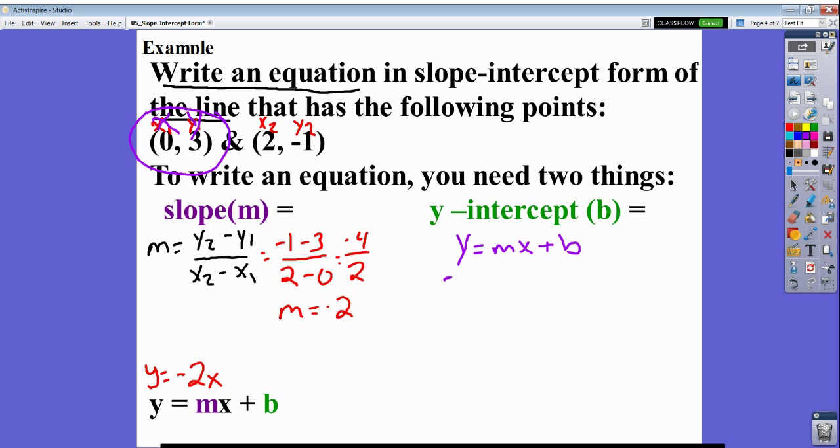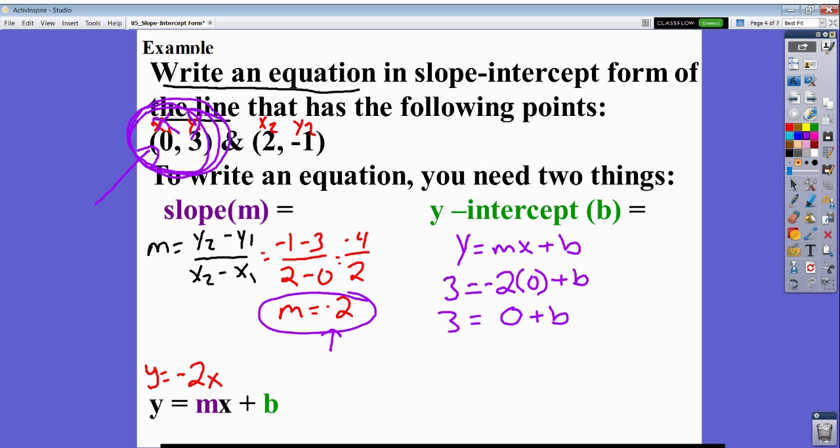So I'm going to plug in 3 for y, -2 for m, which is the slope, and 0 for x. My x and my y came from the point, and my m came from what we just solved for. We're trying to find b, the y-intercept. So 0 times -2 is 0.